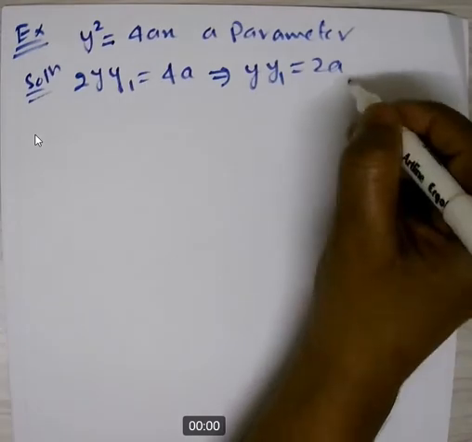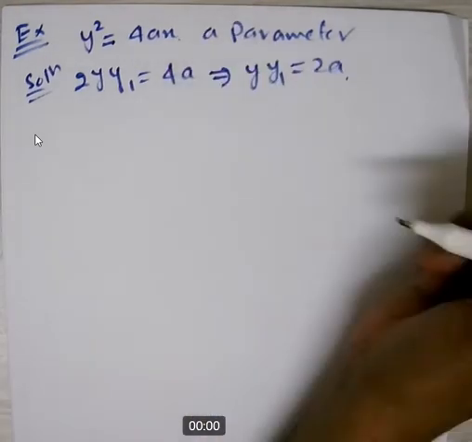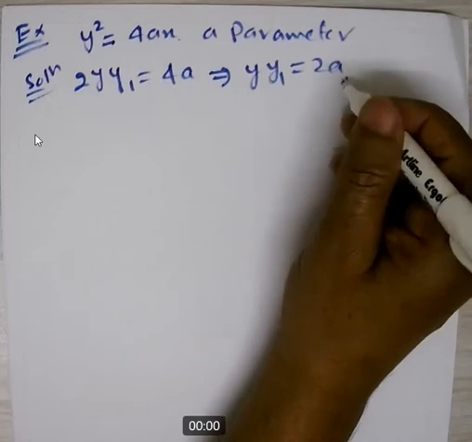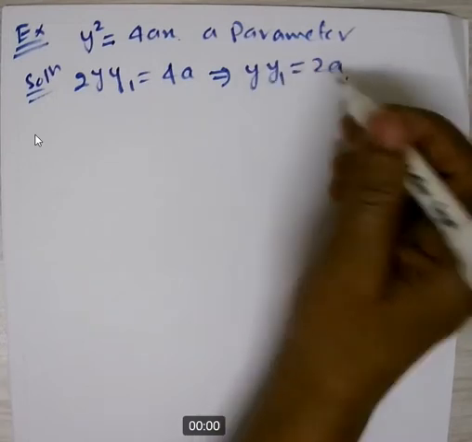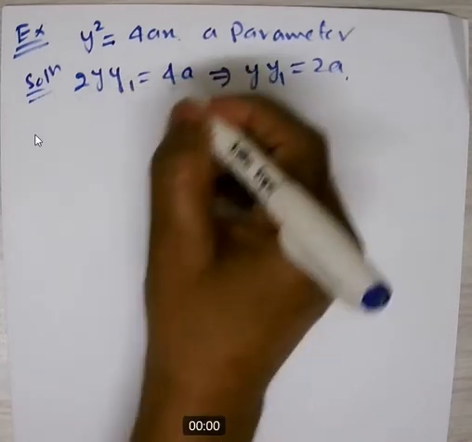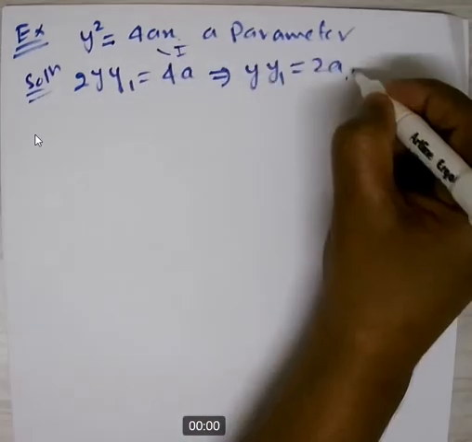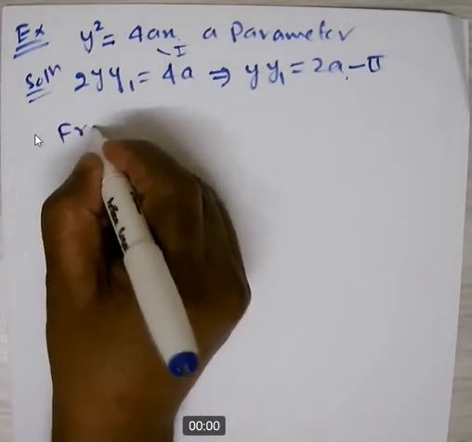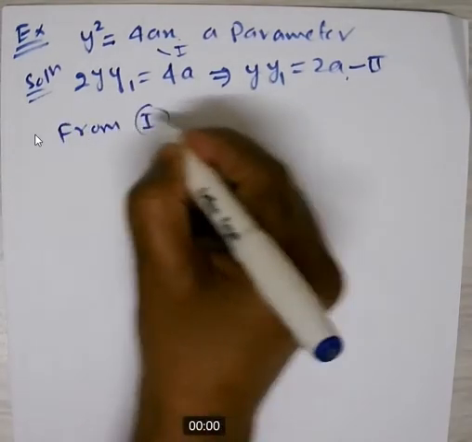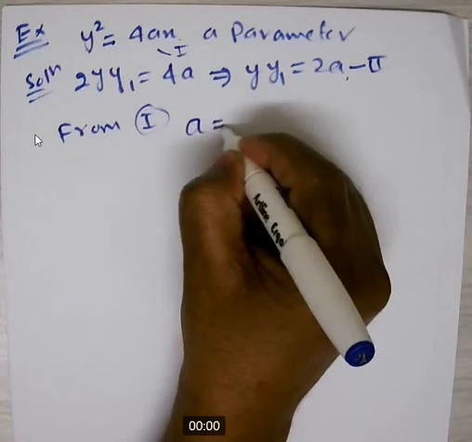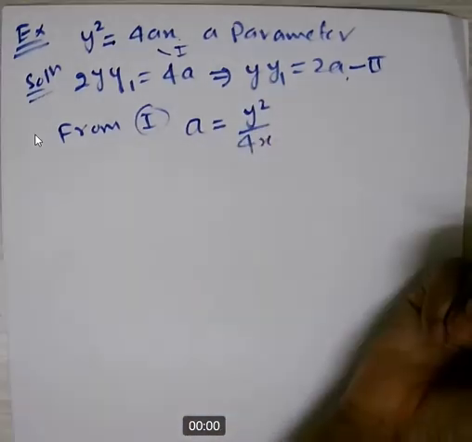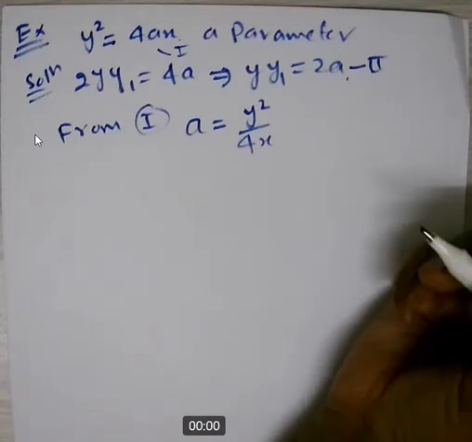Now see that one, if a parameter is involved, this is not the formation of the differential equation. So what you have to do is compare this equation and this equation and eliminate a. I am assuming this as 1 and this as 2. From the second, can I write a equal to y square divided by 4x? Yes.